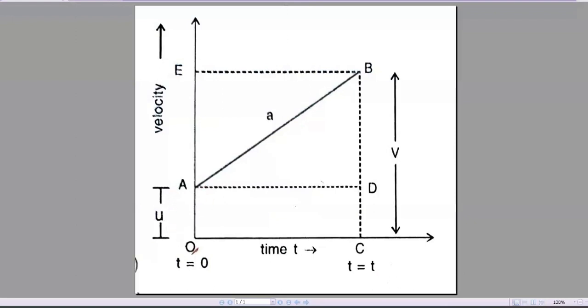And this initial velocity of the object is at point A. See, we have taken this point A because it's not starting from 0. So, from this point, the velocity is increasing. Then, the final velocity is at point B.